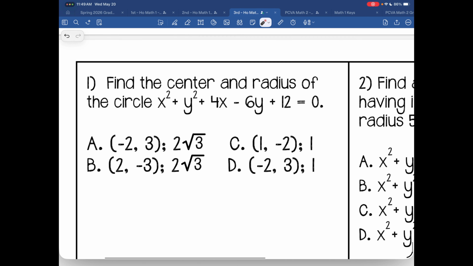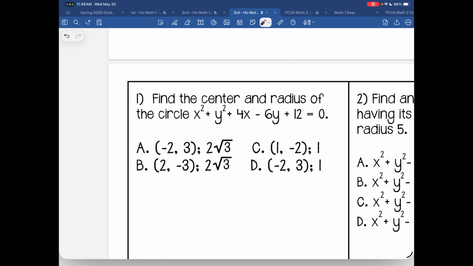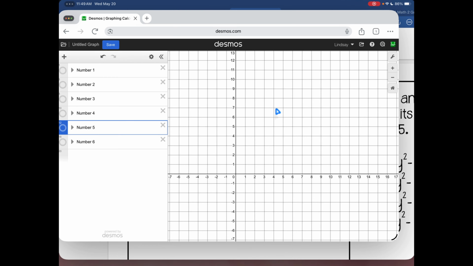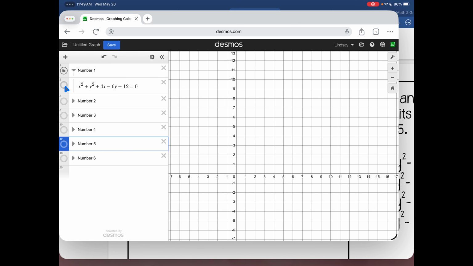What we're going to do is find the center and the radius of the circle. I've already got these plugged into Desmos to make this a little easier, but you would type this just like you see it, and it equals 0 into your calculator. I'm going to turn on number 1, which has the equation already typed in.